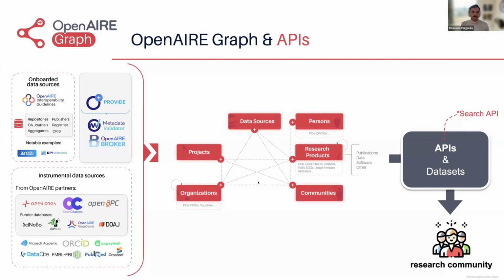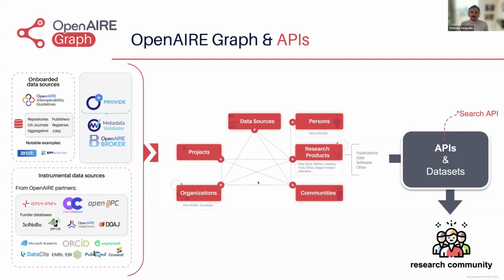Using all these sources, OpenAIRE is building a knowledge graph, one of the largest scholarly knowledge graphs out there, containing information related to research products, which means publications, datasets, software, and other types of research outputs, but also about other research-related entities and actors like persons, organizations, communities, grants, and data sources. And the graph contains metadata about all these and about the relationships among them.